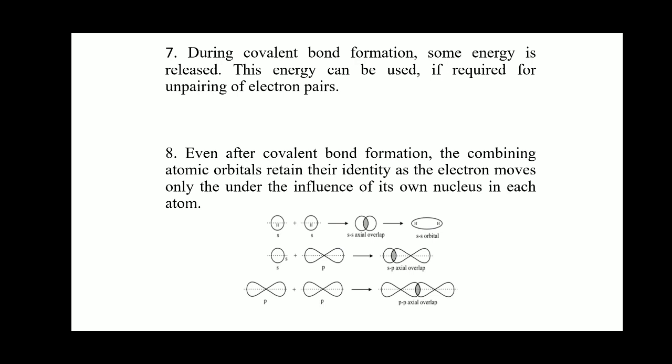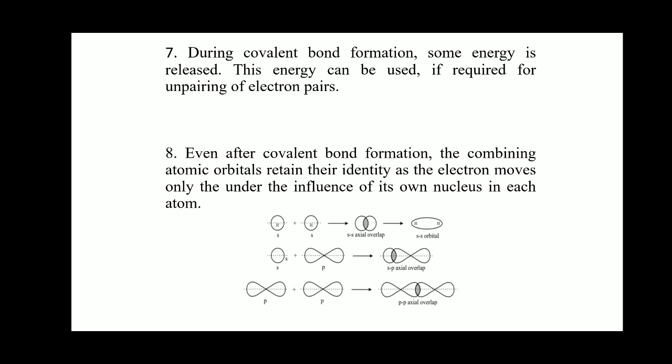For example, when s-s overlapping takes place, they will form a sigma bond. Then this sigma bond will show the characteristic of both s atomic orbitals. When s-p overlapping takes place, the bond formed by the overlapping of s and p orbitals will show the characteristic of both the s orbital as well as the p orbital.